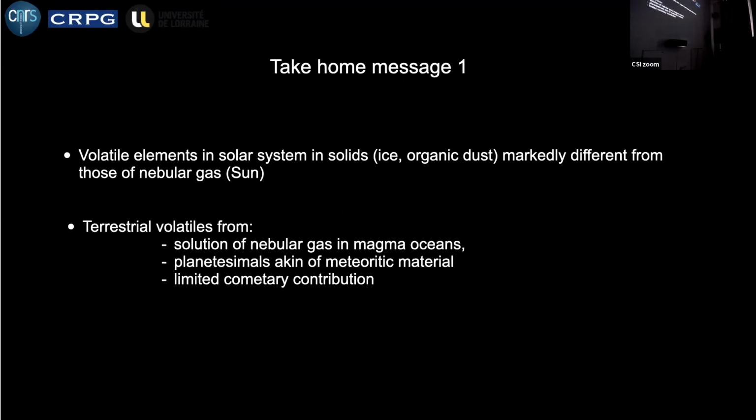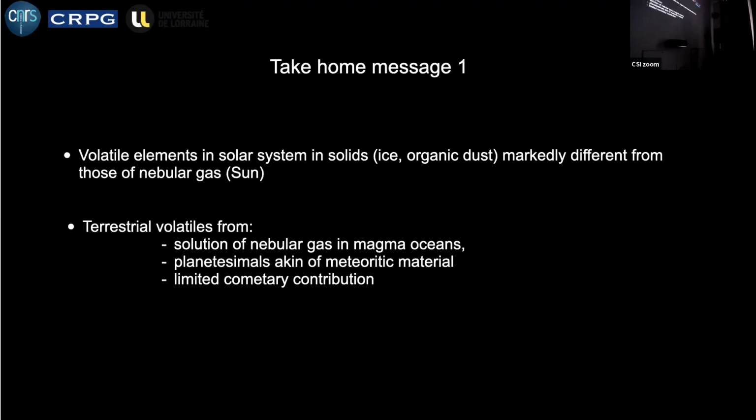And the terrestrial volatiles result from solution of nebular gas in the magma ocean, that's for the case of neon. That means at some stage, presumably, the proto-Earth looked like a small Jupiter, massive enough to already attract some nebular gas that dissolved in the magma ocean.